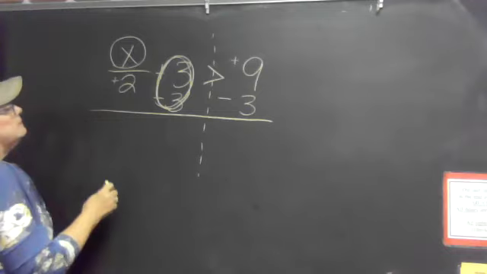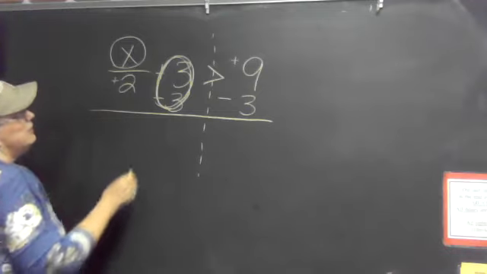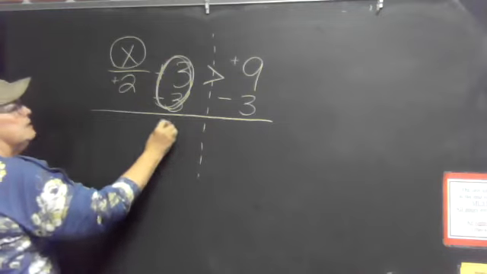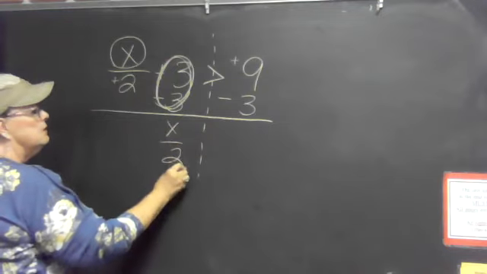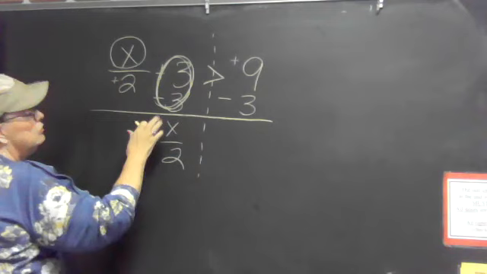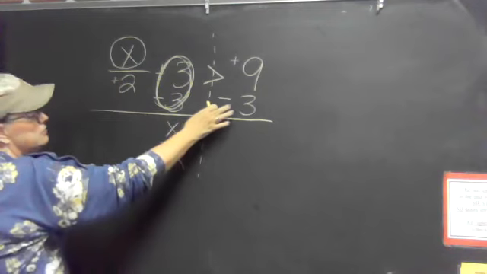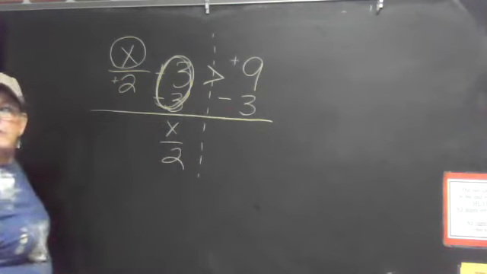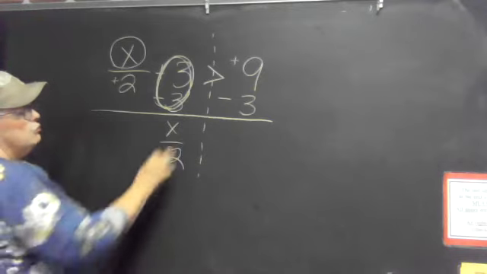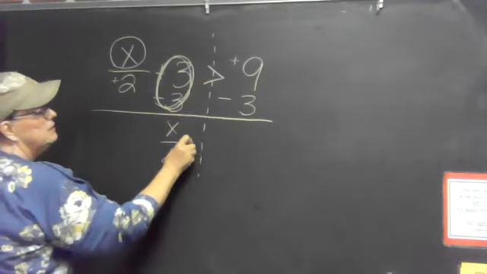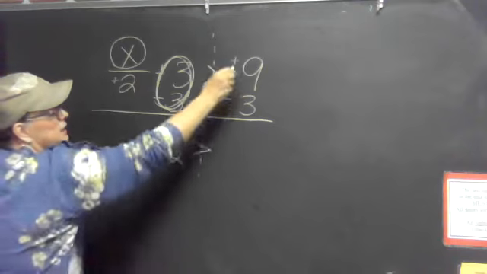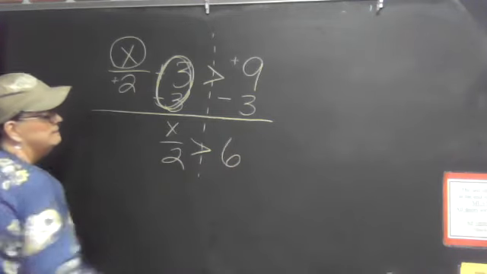So that's gone. And all that I have left when I add straight down is x over 2. I didn't divide or multiply by a negative. Here's a negative, but it wasn't divide or multiply. So I don't change the inequality sign. I leave it the same, and 9 minus 3 is 6.